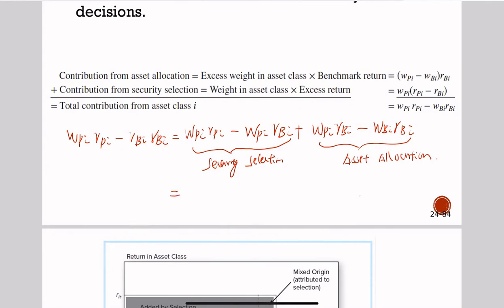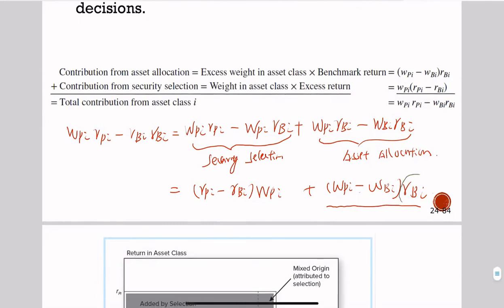Well, let's further combine these terms. So this one should be (R_Pi minus R_Bi) times W_Pi. And this one should be (W_Pi minus W_Bi) times R_Bi, right? So let's see why this one is called asset allocation. Basically what you can see here is we are holding the return of the asset fixed, right?